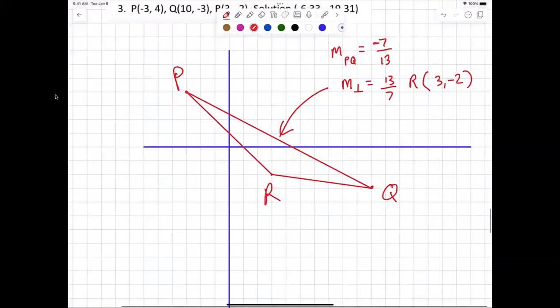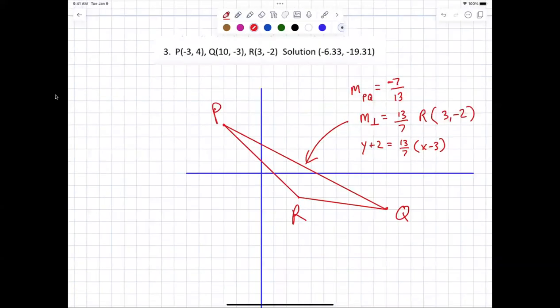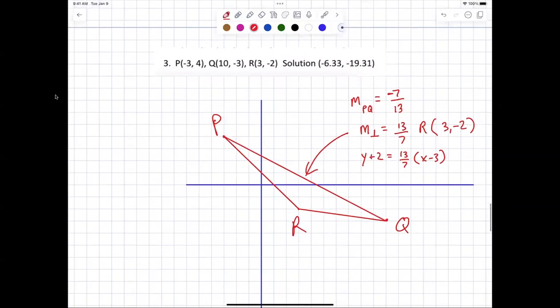So the equation is going to be y + 2 equals 13/7 times x minus 3. Everybody agree with that? Now, I don't even feel like going up 13/7, but I'm going to. 1, 2, 3, 4, 5, 6, 7, 8, 9, 10, 11.